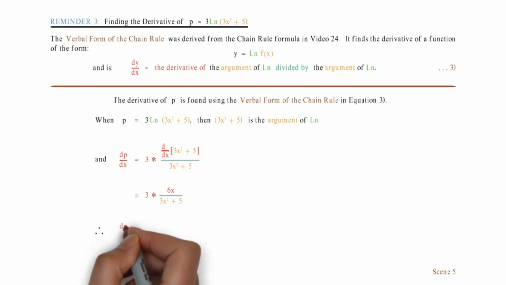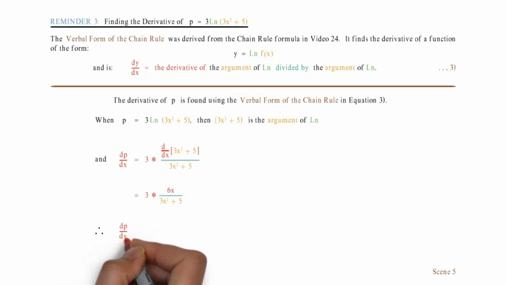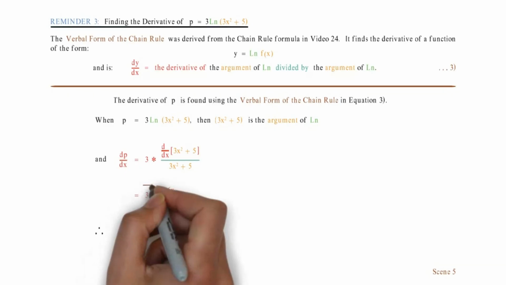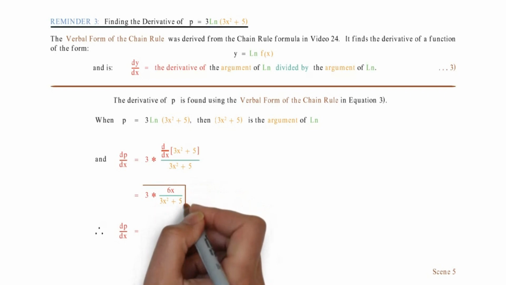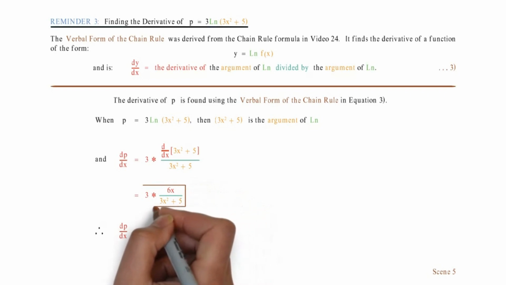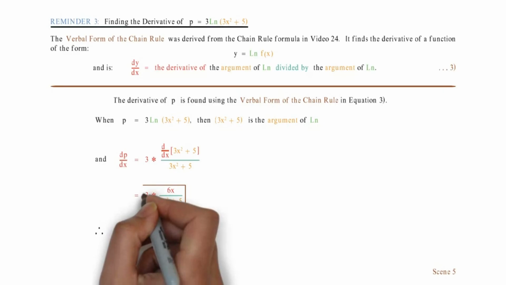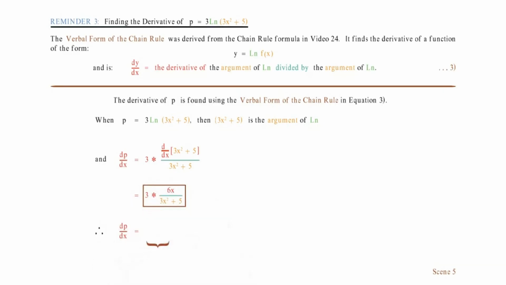Therefore, dp by dx equals 3 times 6x divided by 3x squared plus 5, which is 18x divided by 3x squared plus 5.